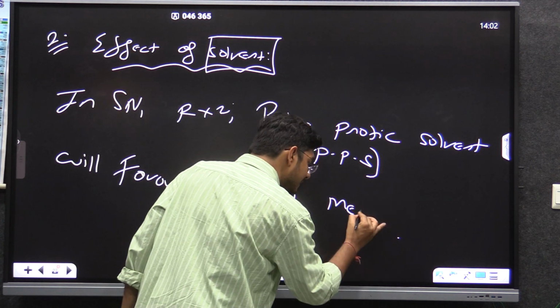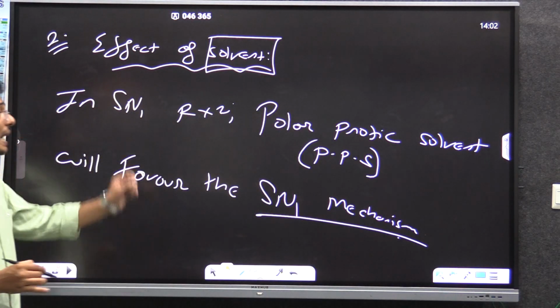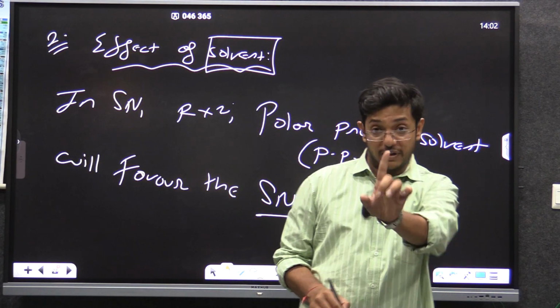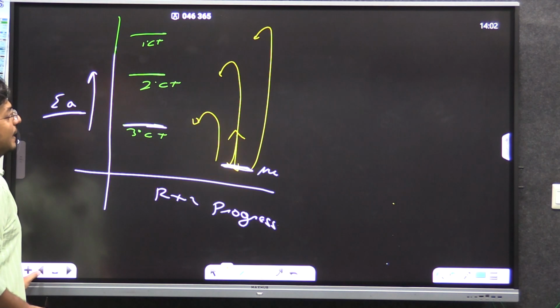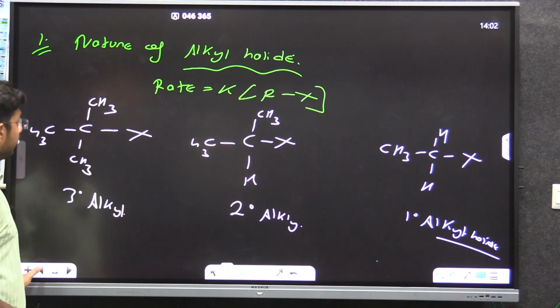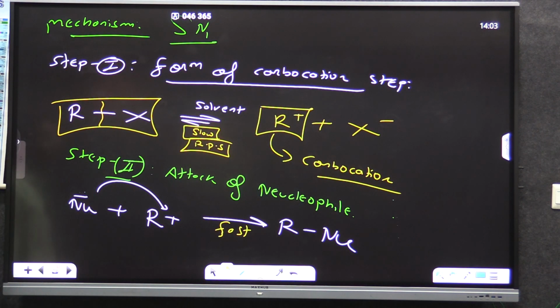Why am I saying this? Why are polar protic solvents used for the SN1 mechanism? Let's come back to the basic mechanism that we have learned. Okay, this is the basic.